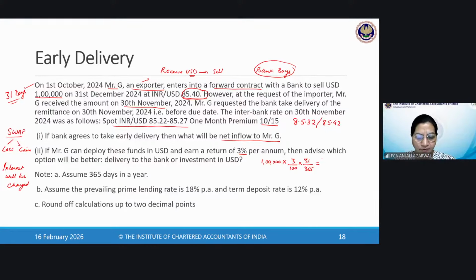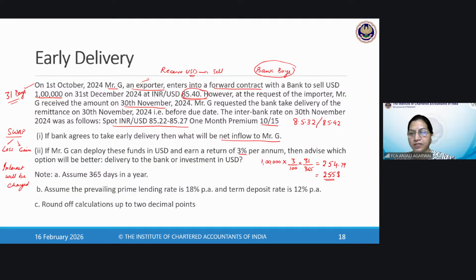100,000 into 3%, which is 3,000 into 31 days, divide by 365. So he ends up getting 254.79. We can round it to the next decimal, $255 as interest.